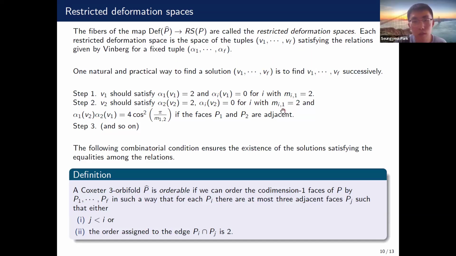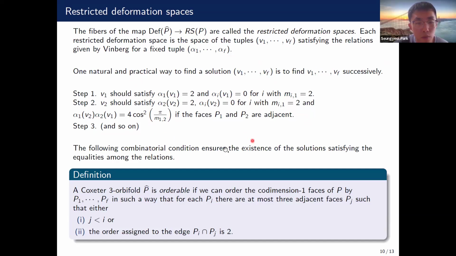So for a fixed convex polytope, you have to find V1 to Vf, all of them. One natural and practical way to find such V1 to Vf is to find V1, then V2, and Vf successively.